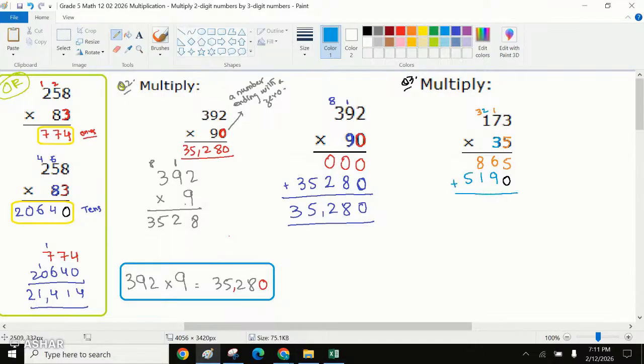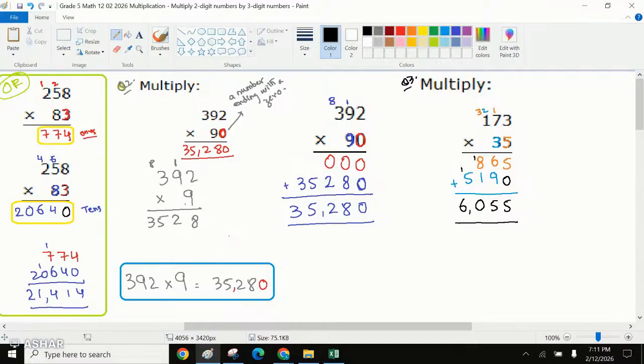When we add these numbers together, 5 plus 0 is 5. 6 plus 9 is 15. 1 plus 8 is 9. 9 plus 1 is 10. And we carry 1. It should come out to be 6,055. Right? So let's verify 173 into 35. 6,055 is the answer. Right?